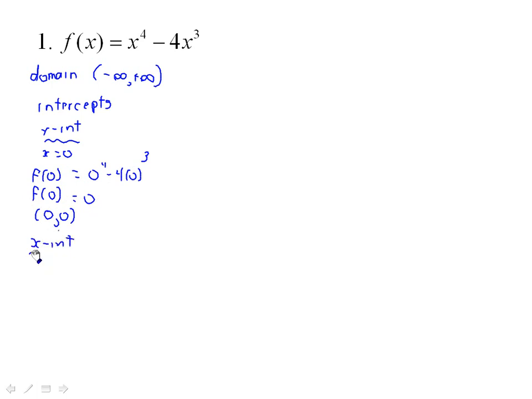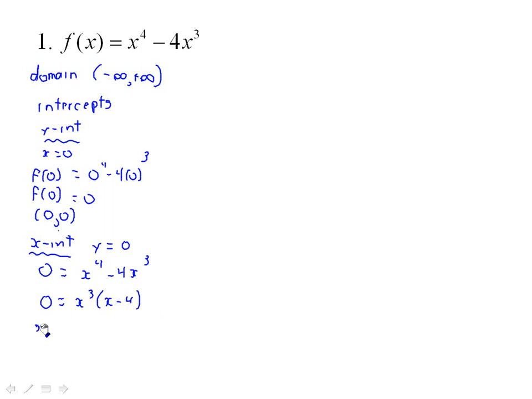So we set y equal to 0 to find out what the other ones are. Now we would expect at most to be 4 x-intercepts. So 0 is equal to x to the 4 minus 4x to the 3. Solve away. Now typically you'd factor out the largest power of x we can, which would be x to the 3, leaving us with x minus 4.